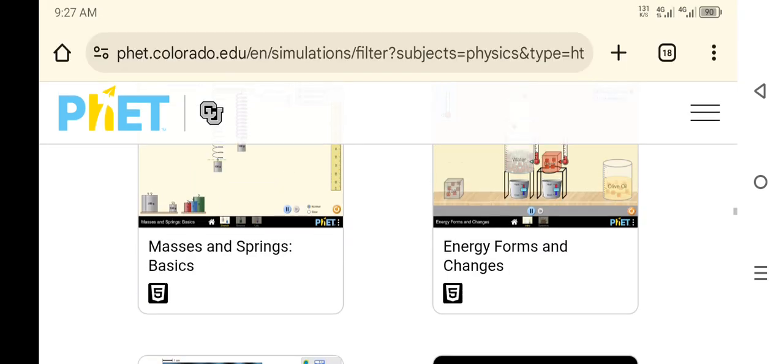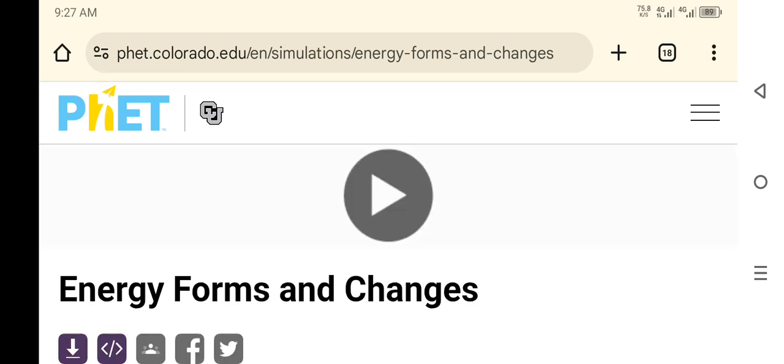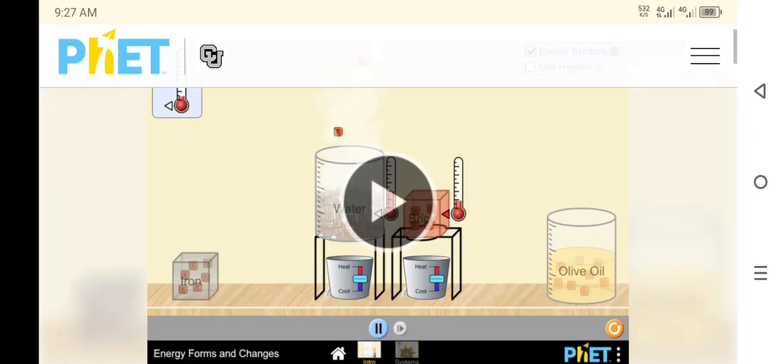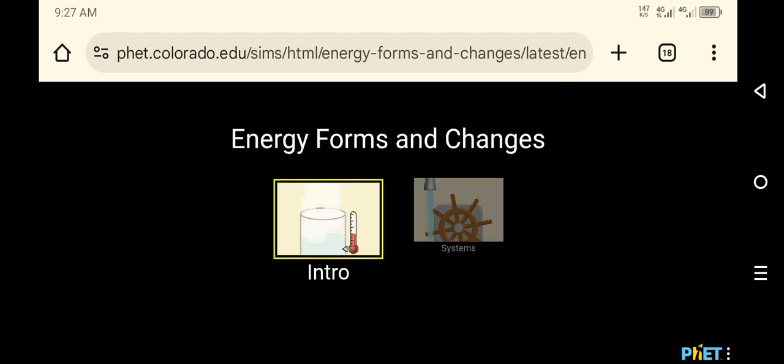You can choose Energy Forms and Changes, and make sure that you have enough connection. Yes, and you have to click here. Good.